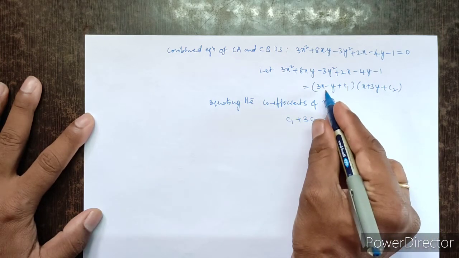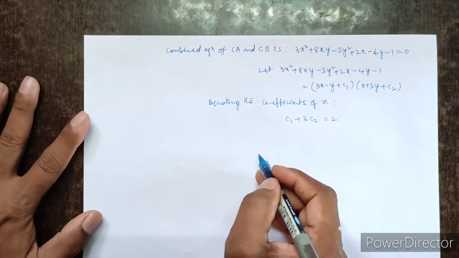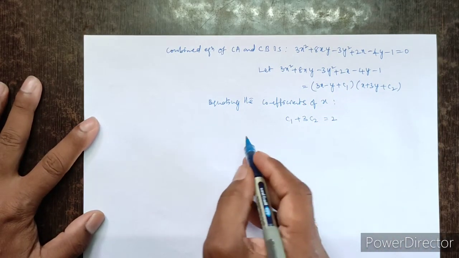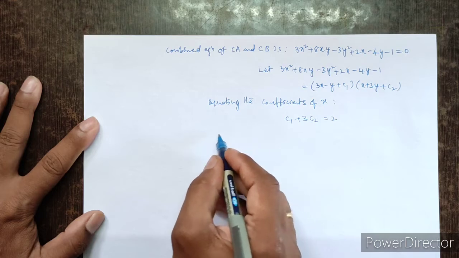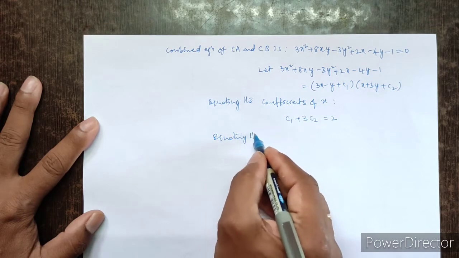So c1 plus 3c2 equal to 2. Equating, this is one equation.